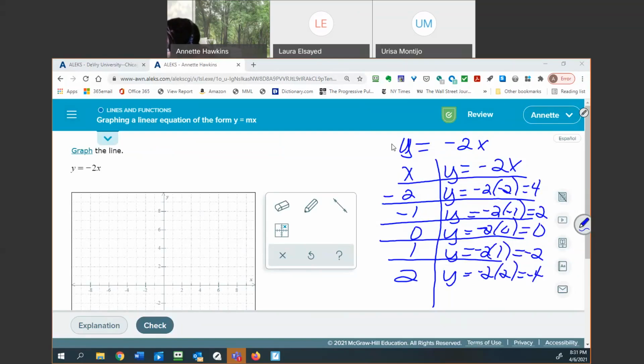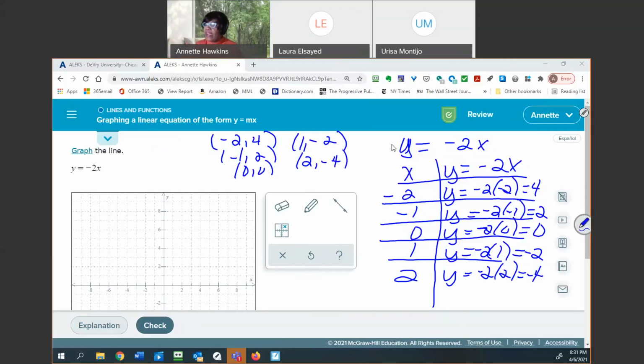So theoretically, we have these points: (-2, 4), (-1, 2), (0, 0), (1, -2), (2, -4).